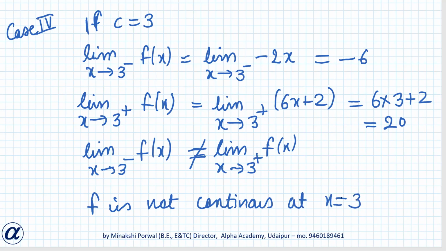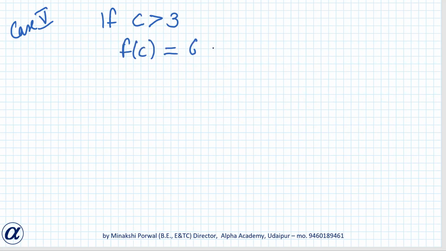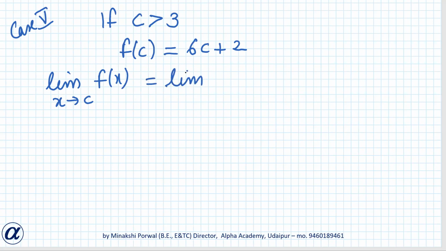And then the next case, the last one, case 5. If c is greater than 3, f(c) is equal to 6c plus 2, and the limit as x tends to c of f(x) equals the limit as x tends to c of 6x plus 2, that is equal to 6c plus 2.